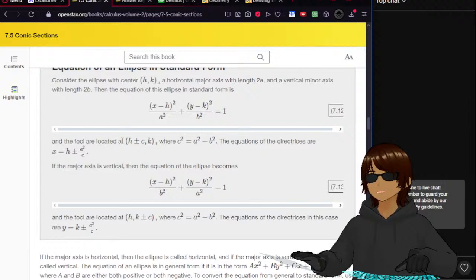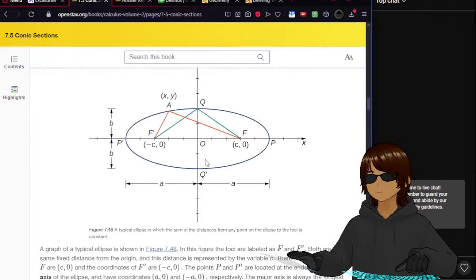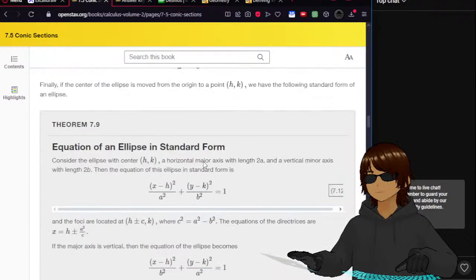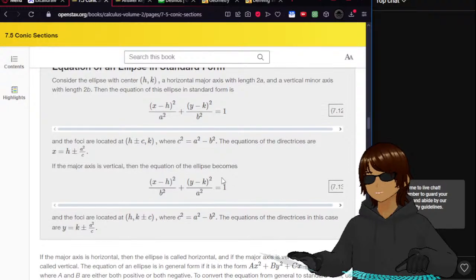The foci are located at h plus or minus c, k. The c squared is a squared minus b squared. The equations of the directrices are x equals h plus or minus a squared over c.